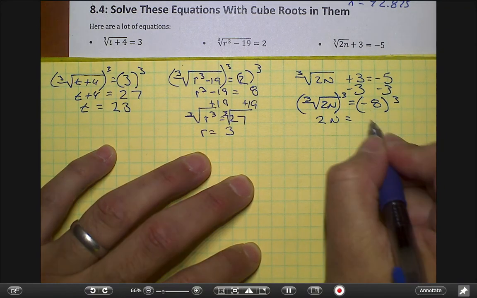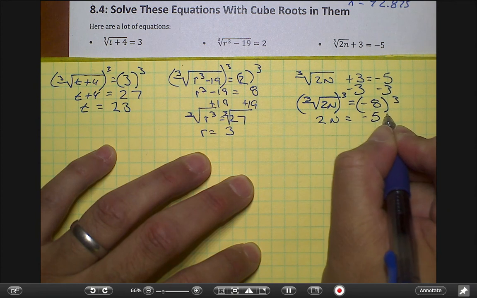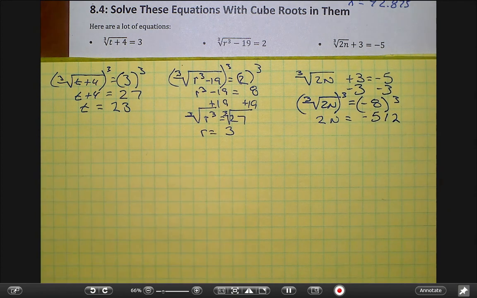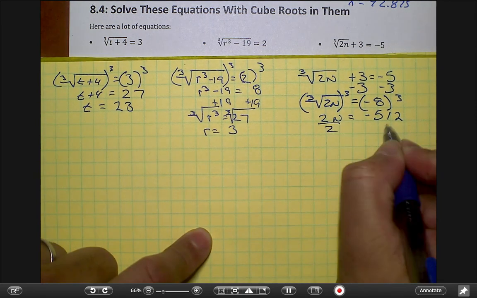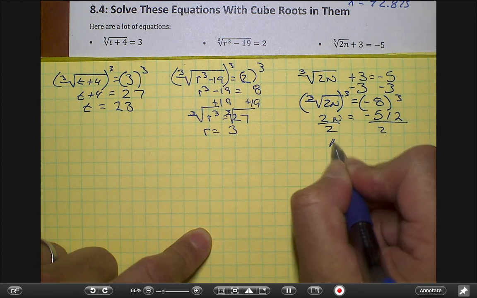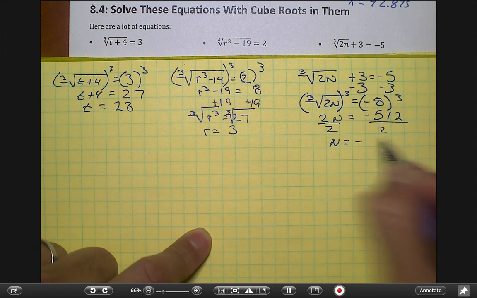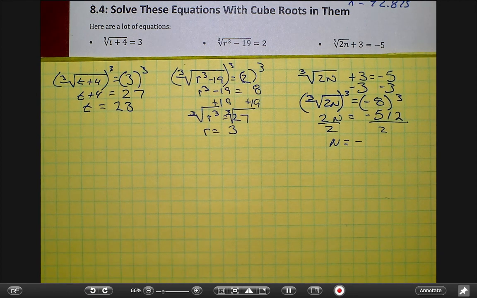Negative 512. Negative 512. And now I could actually get rid of my 2 by dividing both sides by 2. Negative 256.